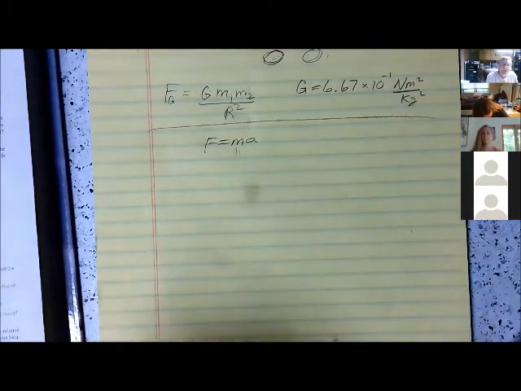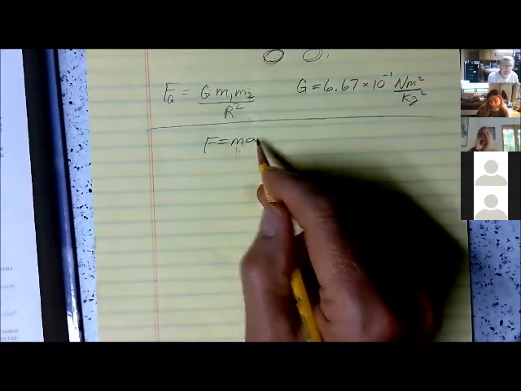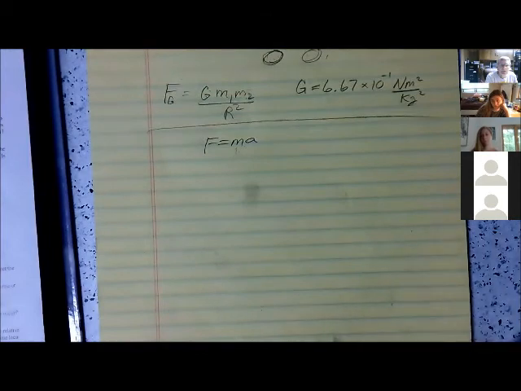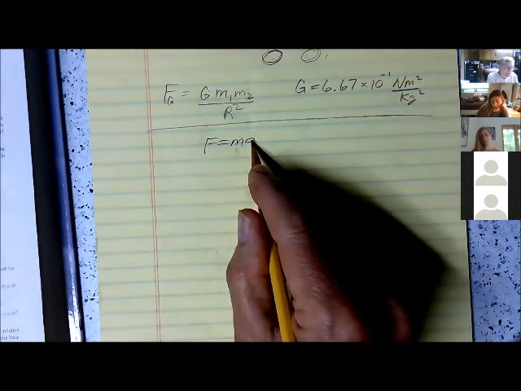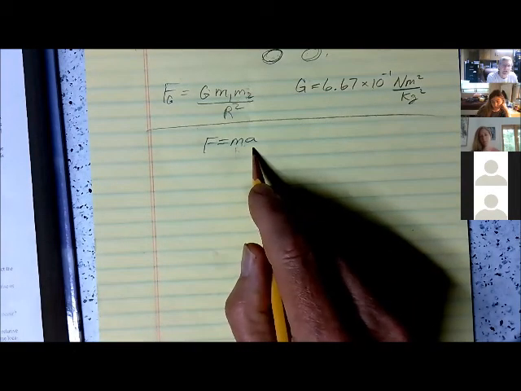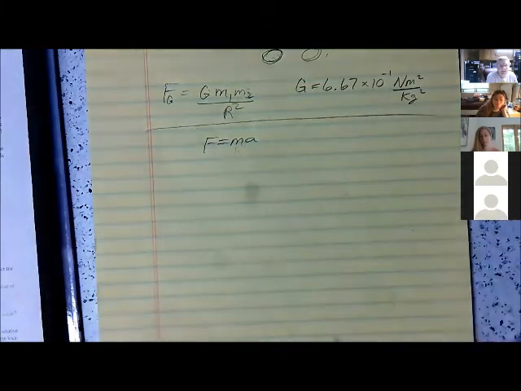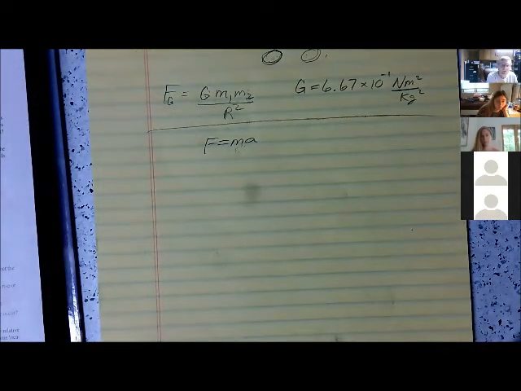The reason why the gnat splattered on your windshield is because of the acceleration it felt. The acceleration was very great because its mass was very small. On the other hand, the acceleration of your car due to the collision with the gnat was so small because the mass of the car is so big.